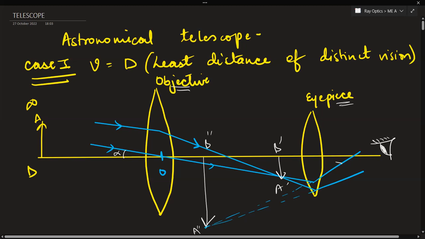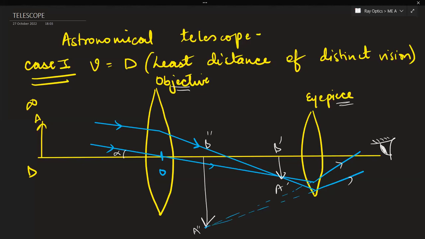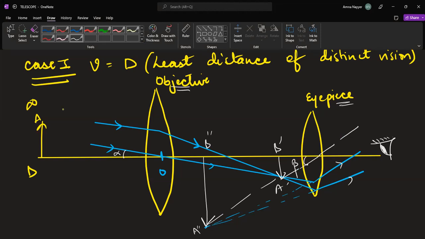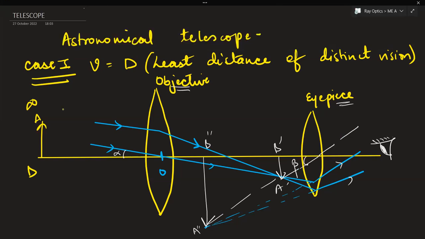These rays will enter the human eye. Here we have formed our image, and the angle that is subtended by it, this angle, is beta. Same thing. Now, coming to the angular magnification part, the magnifying power, we have to find out.